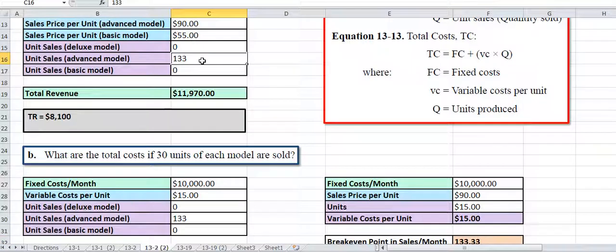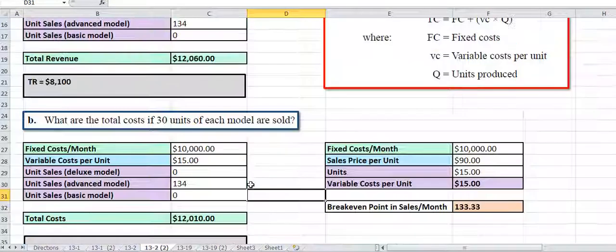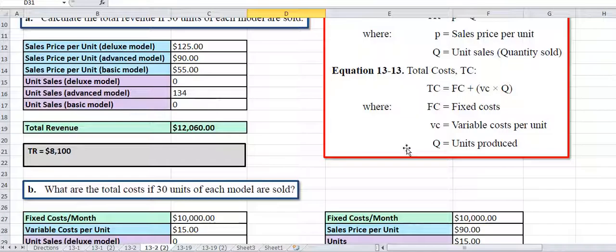So if we sold one more, 134, which is over 133.33, you can see that now our total revenue is just greater than our total cost. So that sort of combines what you did on problem 13.1 with problem 13.2. So I think it makes a little bit more sense.